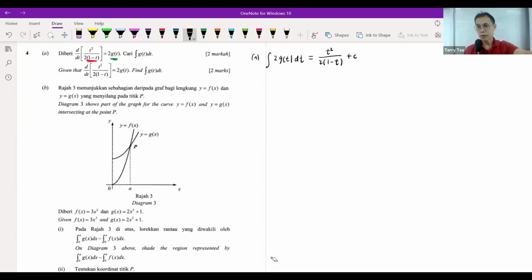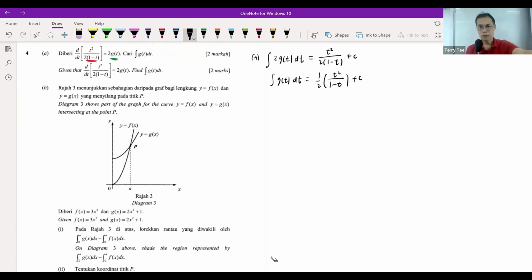So I'm going to divide everybody by 2. As I divide by 2, this will be 1 over 4. Let me just write one extra step for you. Now, c is an arbitrary constant that we don't know the exact value of.